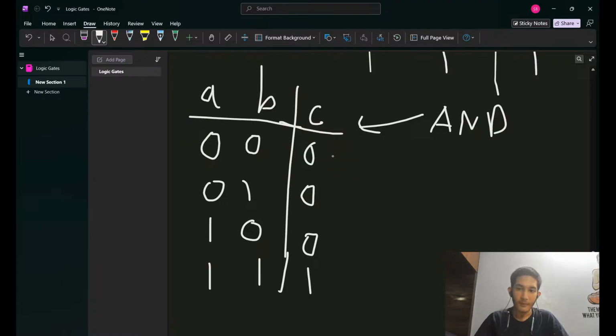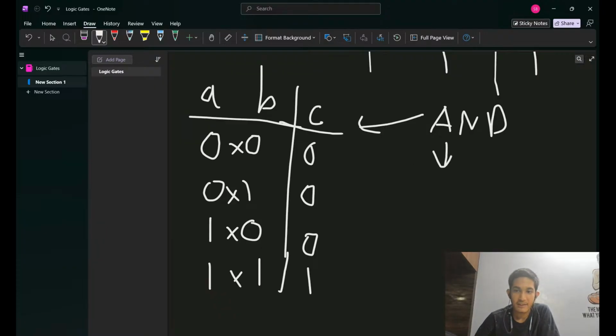Now you might notice something, if you like maths, or even if you don't. This is somewhat similar to multiplication, right? 0 times 0 is 0, 0 times 1 is 0, 1 times 0 is 0, and 1 times 1 is 1.